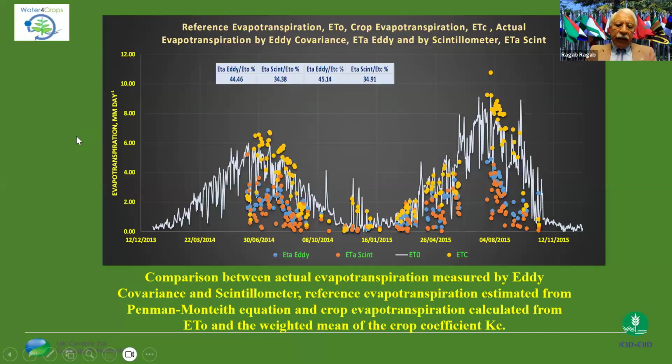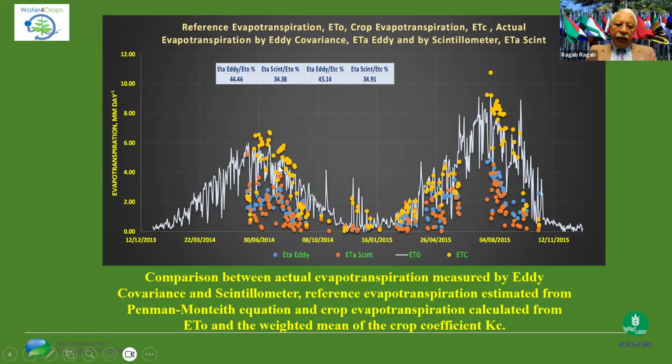And that brought us to comparing the evapotranspiration that we obtained by the Eddy Covariance and scintillometer with the reference evapotranspiration calculated by the Penman-Monteith equation modified by FAO and ICID in 1998. In this graph, the continuous gray line is the reference evapotranspiration.